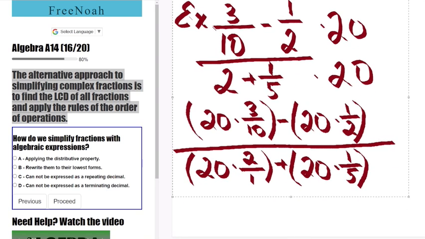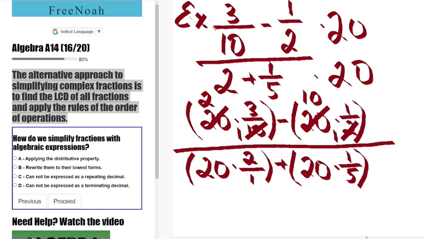So 10 goes into 20 twice. So we're going to replace the 10 with a 1 and replace the 20 with a 2. Perfect. Then 2 goes into 20 10 times. So we replace the 2 with a 1 and the 20 with a 10.